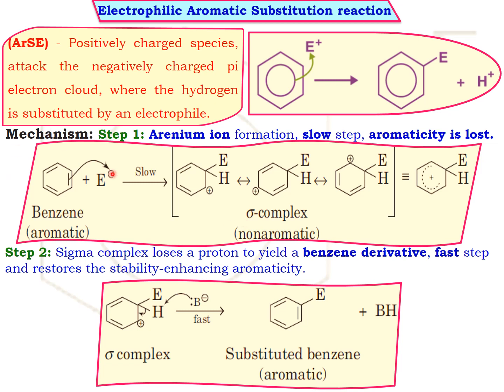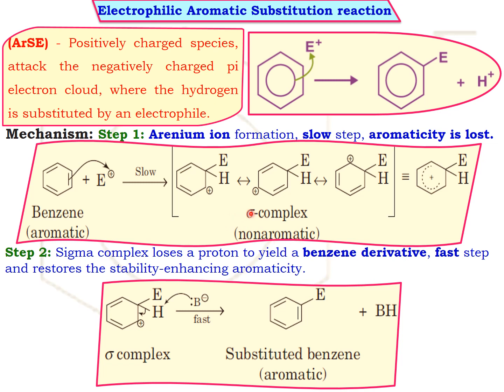In this step, the electrophile accepts a pair of electrons from the benzene ring and forms a resonance stabilized carbocation intermediate. It is known as arenium ion or benzenonium ion, Wheland intermediate or sigma complex, and it is non-aromatic in nature.